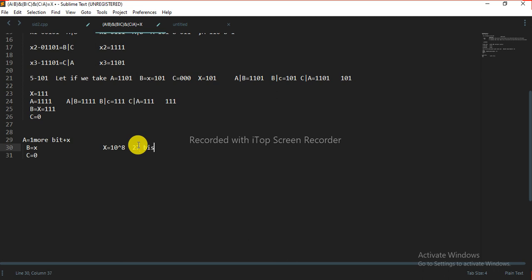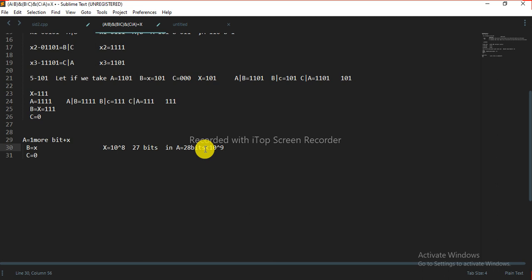In A we are adding one more bit, so A should have nearly 28 bits. 28 bits is less than 10 raised to power 9.